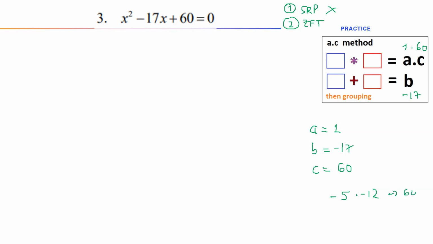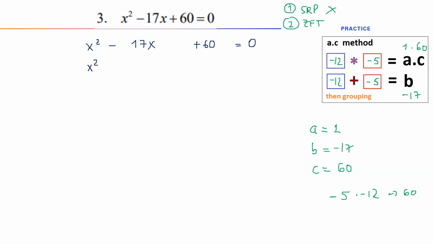That makes 60. So we can take negative 12 times negative 5, and negative 12 plus negative 5. Now we rewrite it. Okay, we have x squared minus 17x plus 60 equals 0.